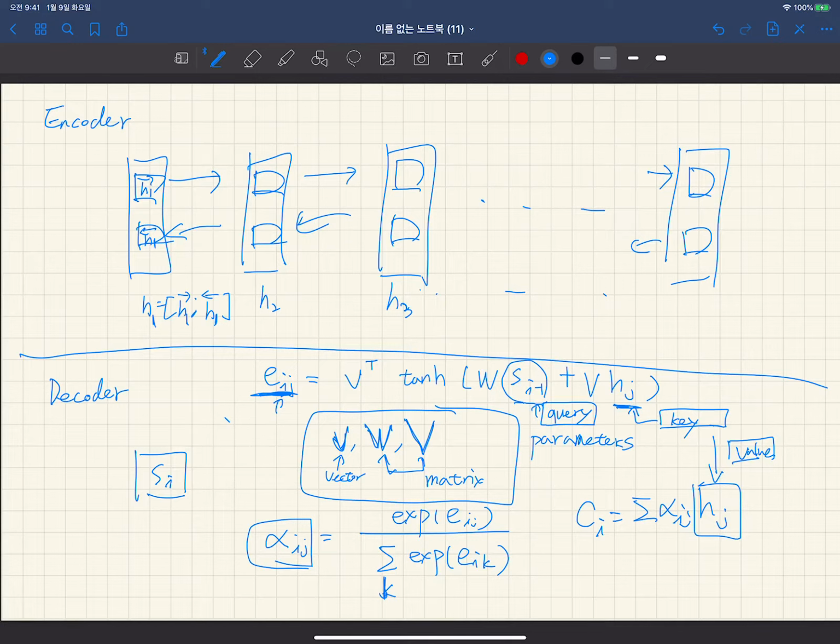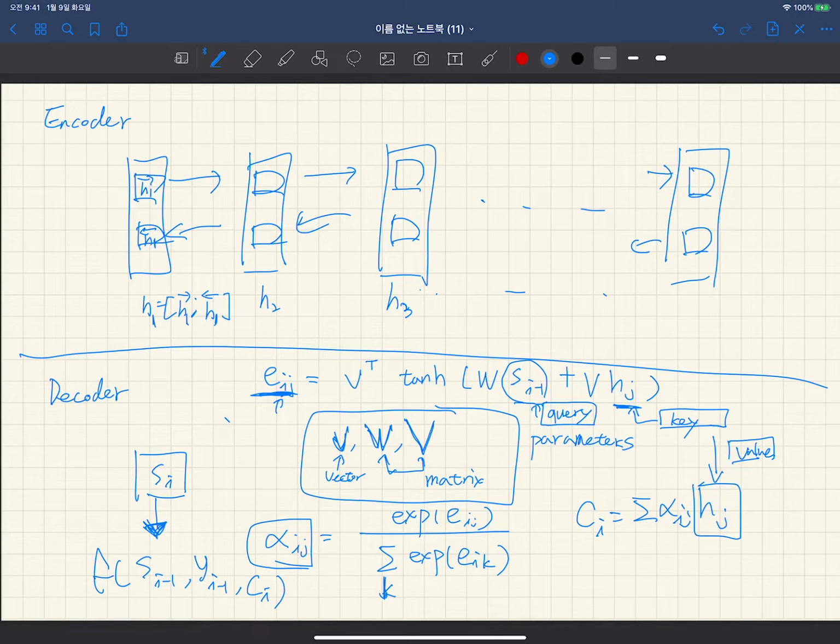And using this Ci, you generate the corresponding output word using some function f, of S(i-1), the previous output y(i-1), and the current information accumulated using the attention mechanism.